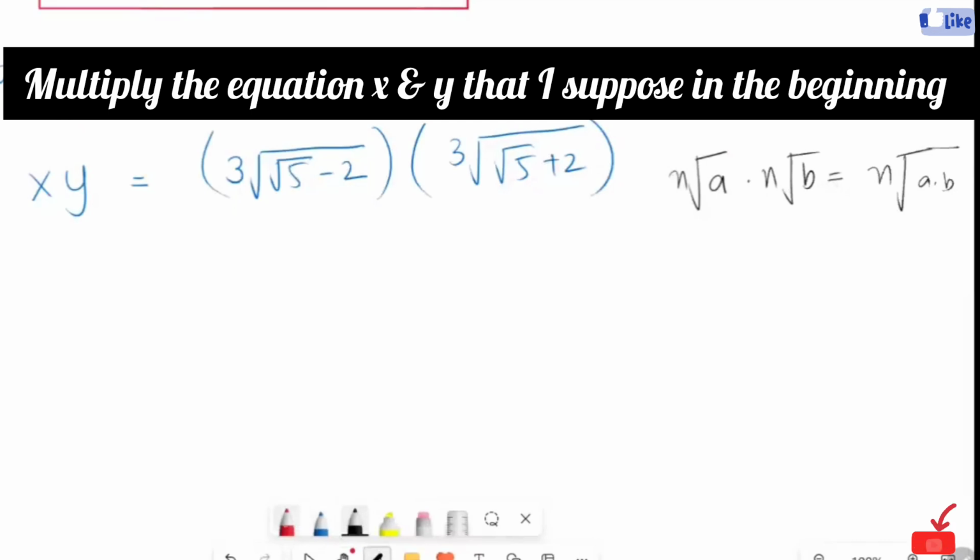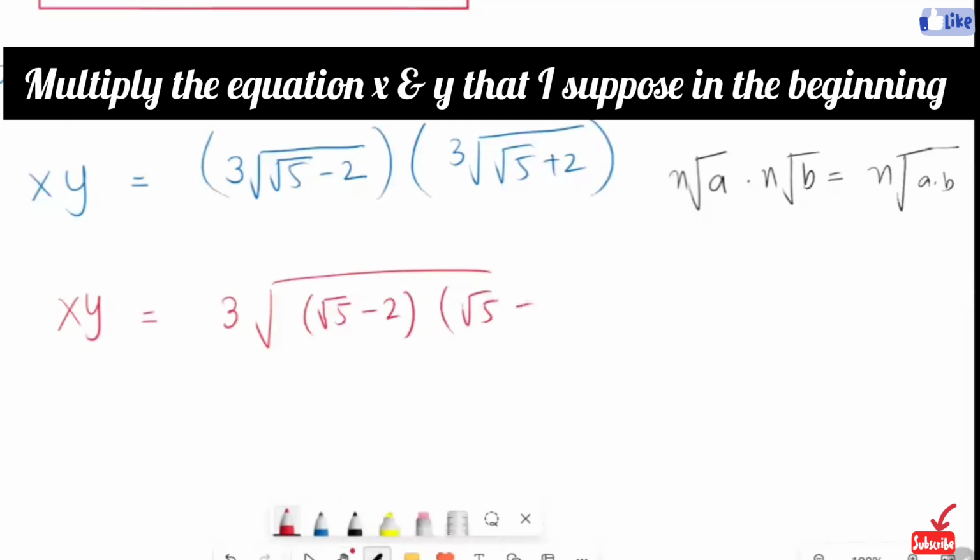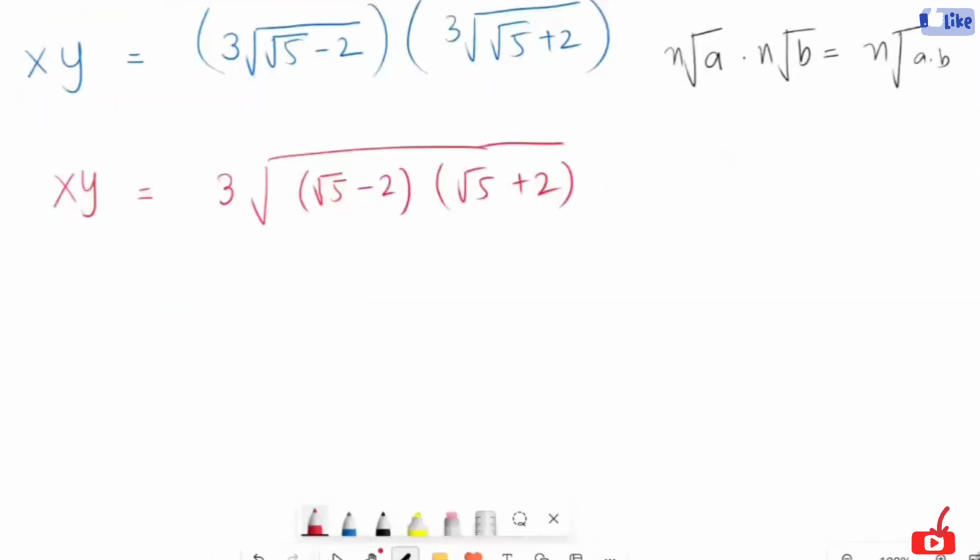So this will turn to x times y is equal to the cube root of (root 5 minus 2) times (root 5 plus 2). Now if you can see this, it is in the form of the difference of squares. So I'm going to apply the formula: a squared minus b squared is equal to (a plus b)(a minus b).